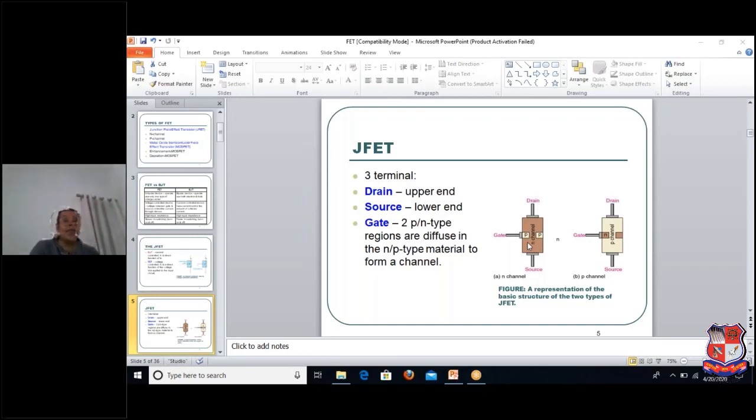The JFET has three terminals: the top one is known as the drain, the middle one is known as the gate, and the last one is known as the source.